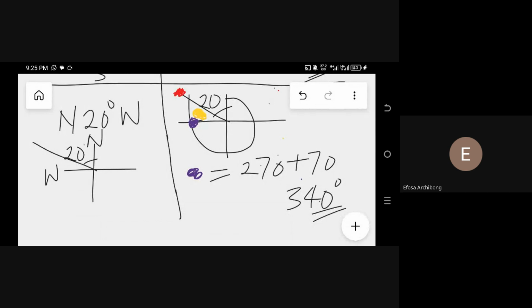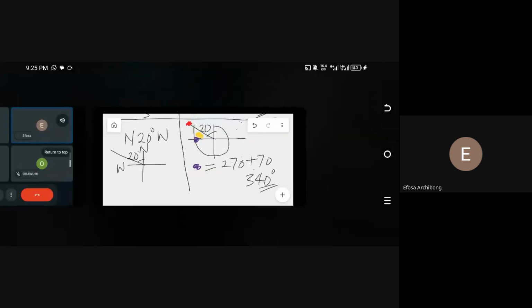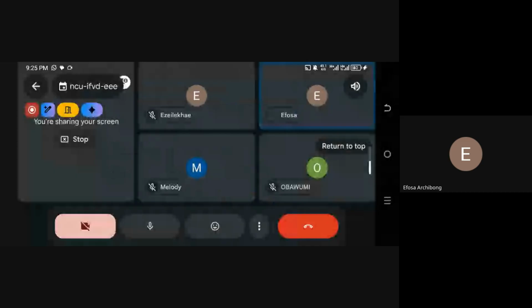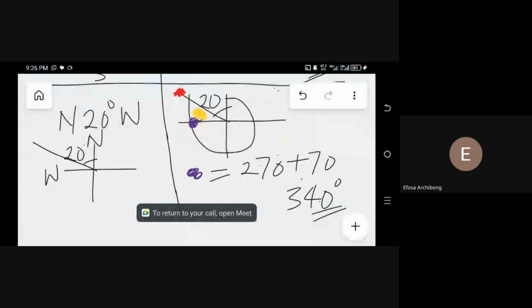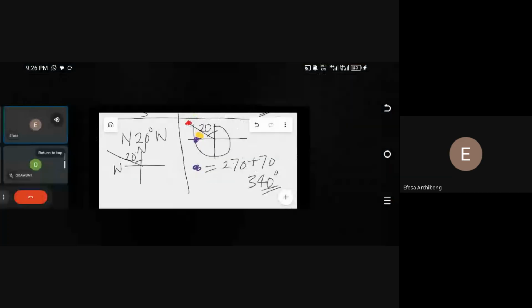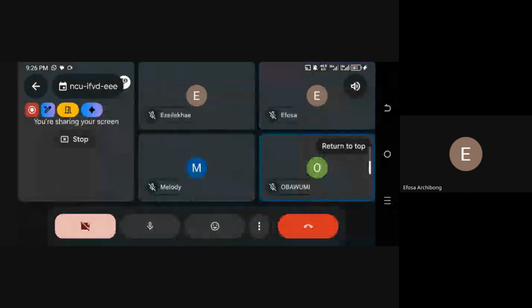So, does everyone understand this? I need a vocal response. Does everyone understand this? Vocal response, please. Yes, sir. Yes, sir. All right, good. Okay, who doesn't understand?